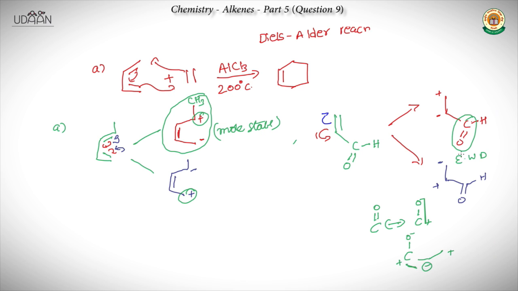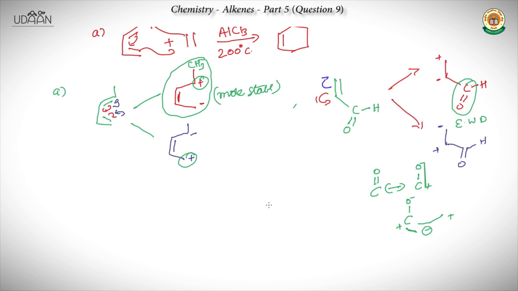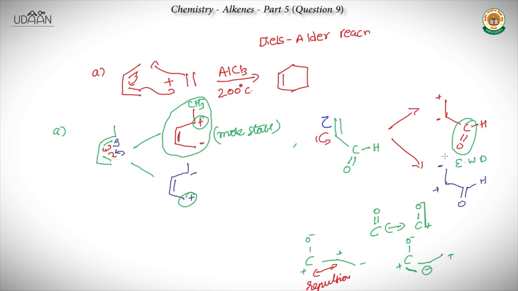Whereas if you have a positive charge adjacent to it, O minus next to C plus, it undergoes severe repulsion. This has already been discussed previously, so I think you can understand it. So between these two products, this one is formed and this is not formed.